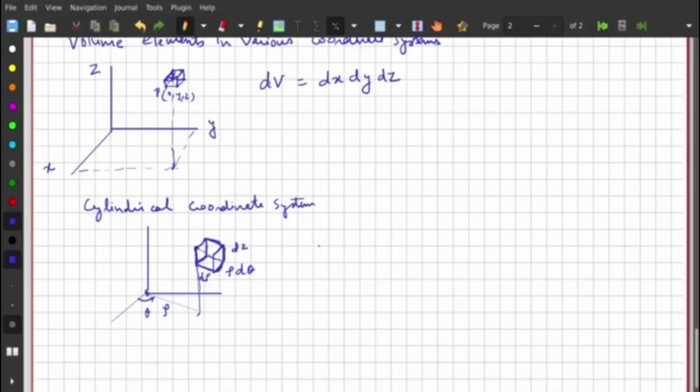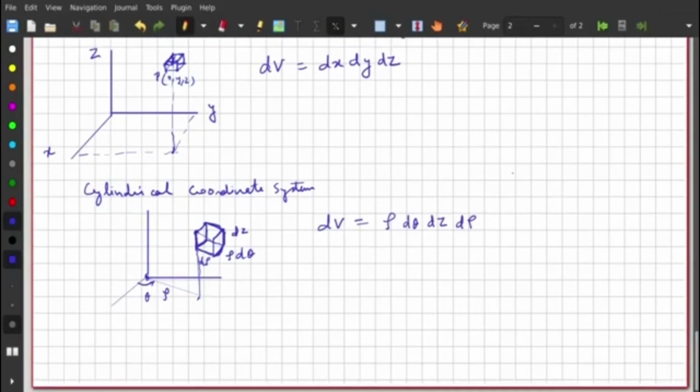So the elementary volume dV becomes rho d theta dz d rho.